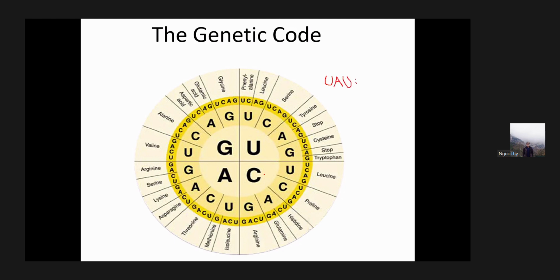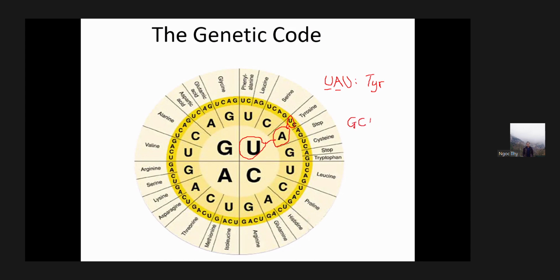so how do we use it? We go from the first letter here, U, then A, and then U. That means it is encoding for tyrosine. Okay. And so, for example, GCA.